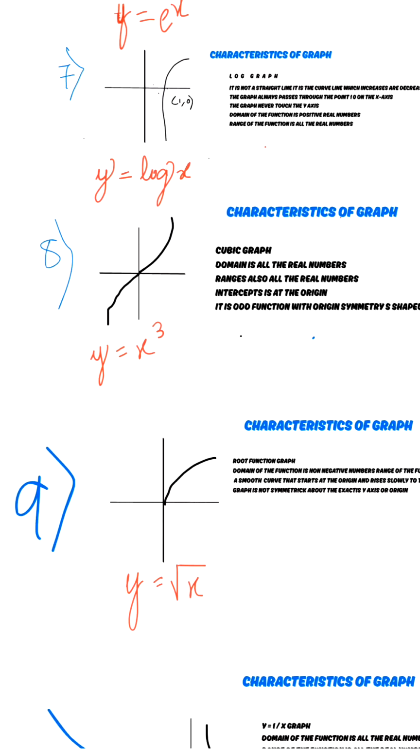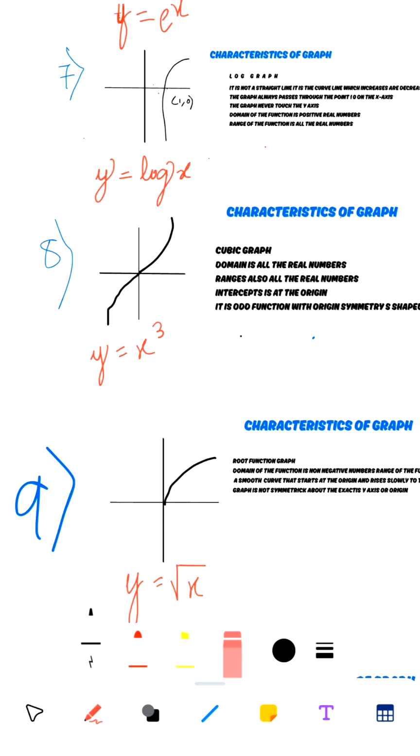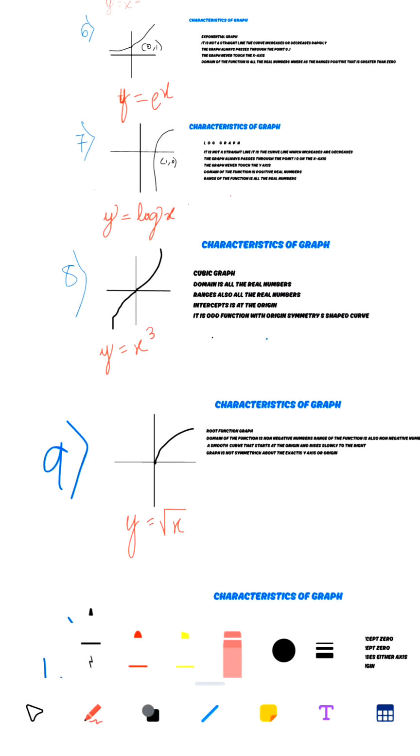Our eighth graph is the cubic graph. You can see the characteristics of the graph. The domain is all the real numbers, and the range is also all the real numbers. Its intercept is at the origin; it touches the x-axis and y-axis at the origin, and it is an odd function with symmetry, and it is an S-shaped curve.